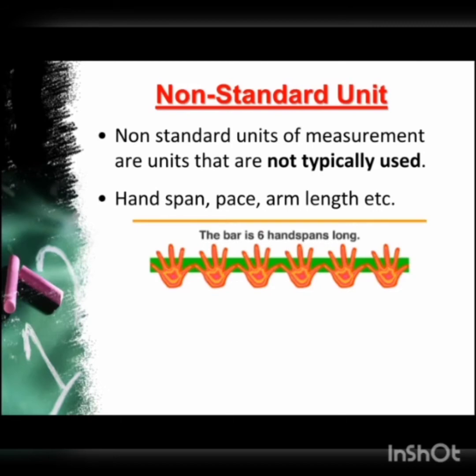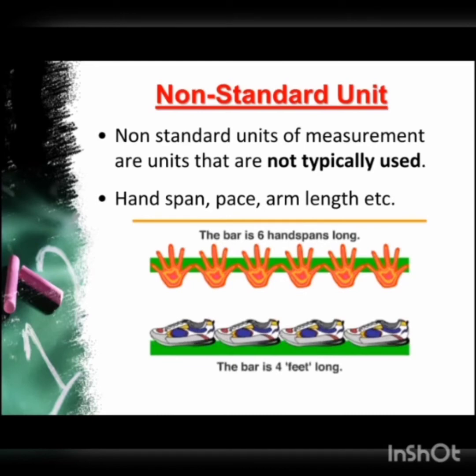So we can say the bar is 6 handspans long. Similarly, here you can see the green bar is 4 feet long. So here handspans and feet are non-standard units of length.